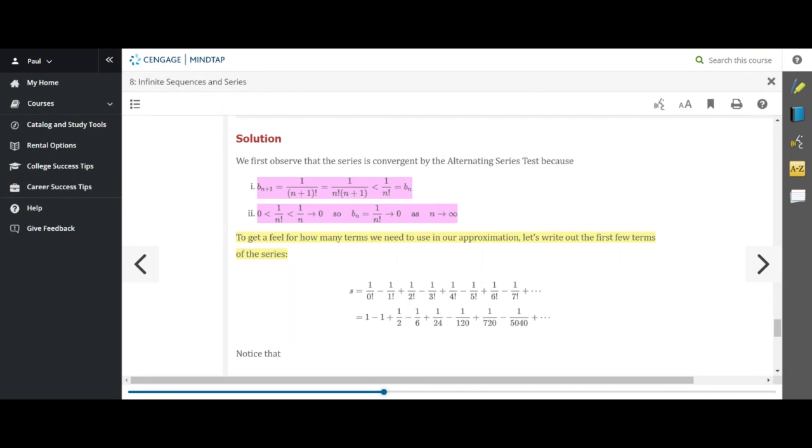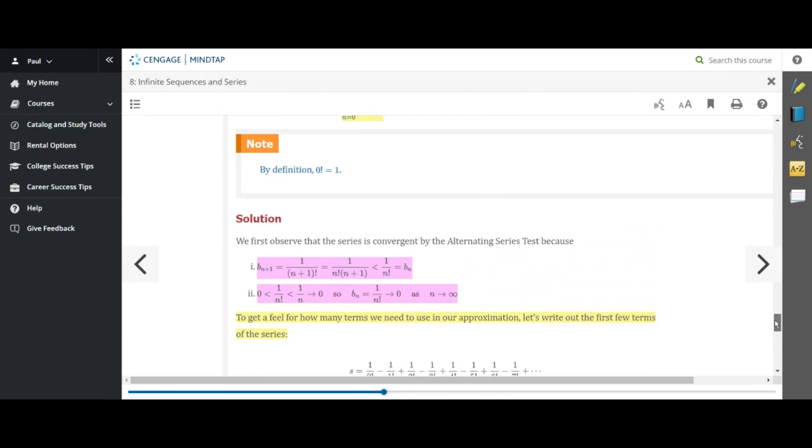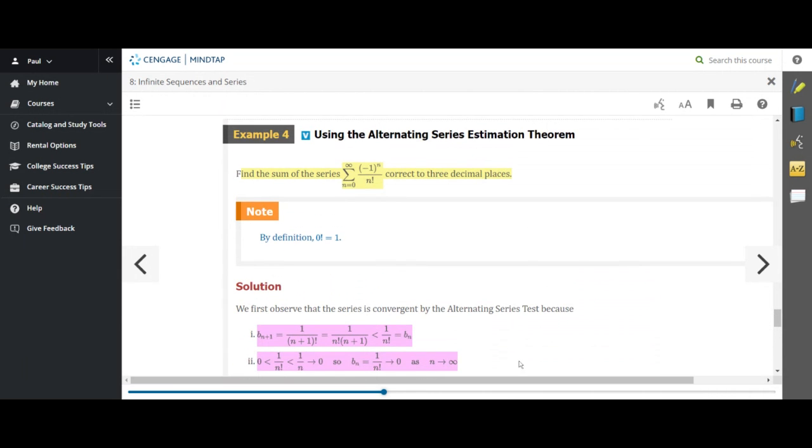So that means this series is going to converge by the alternating series test. So it makes perfect sense to ask this question: find the sum correct to 3 decimal places.